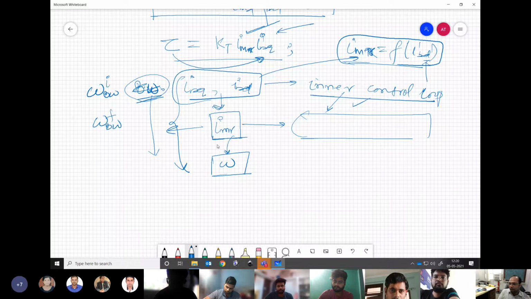This you have to understand. By controlling IMR, we are directly controlling the flux. Then if we call the bandwidth for omega as omega b omega w, this relationship must always hold.